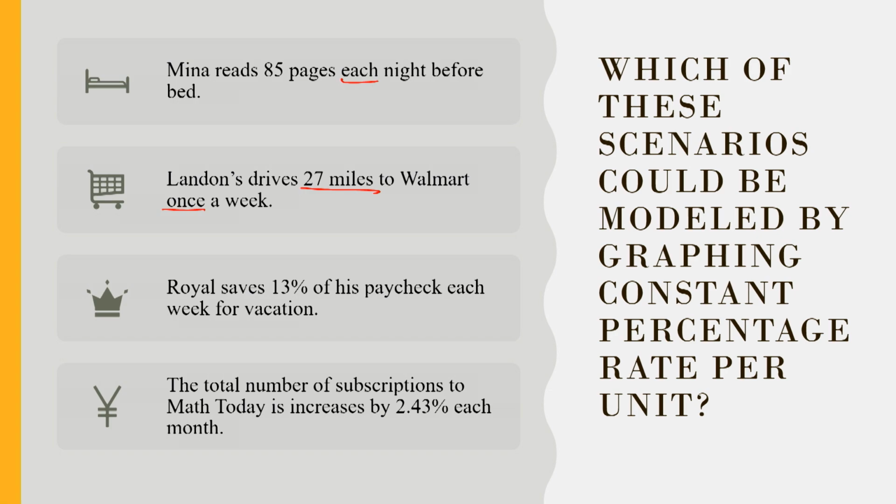Royal saves 13% of his paycheck each week for vacation. Okay, saves 13% each week. That's important. The total number of subscriptions to Math Today is increasing by 2.43% each month. All right, increasing by that each month.